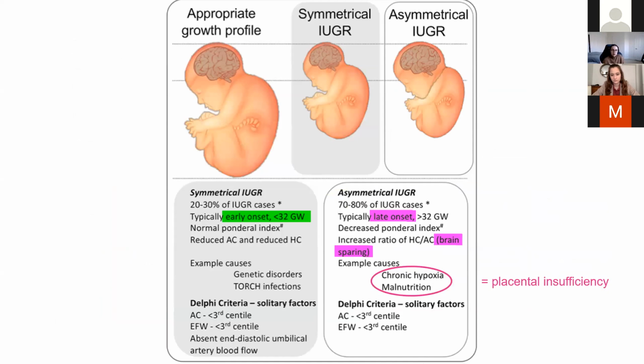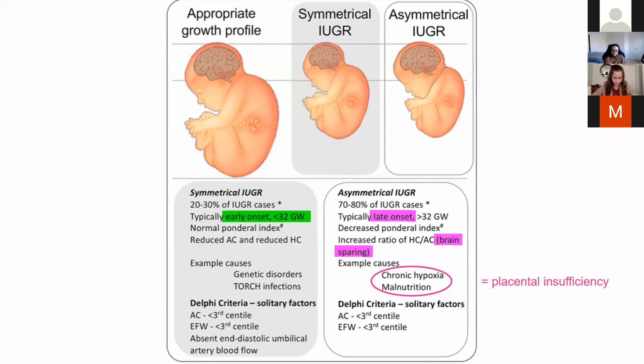And then in terms of the timing of an insult on the fetus, that actually affects whether or not the baby has symmetrical growth or asymmetrical growth. So this symmetrical IUGR baby correlates with this little description here.